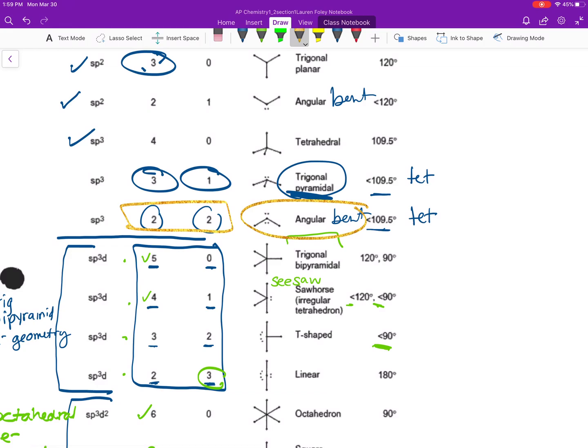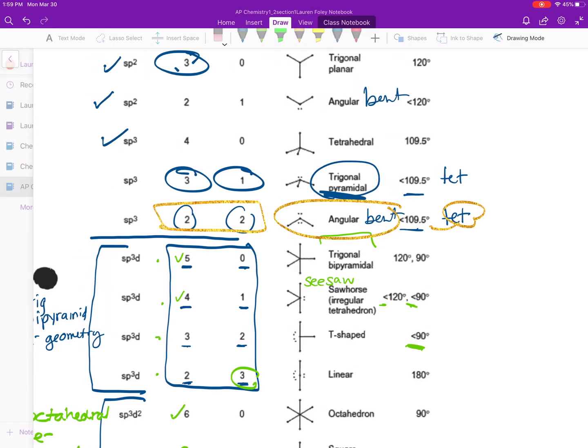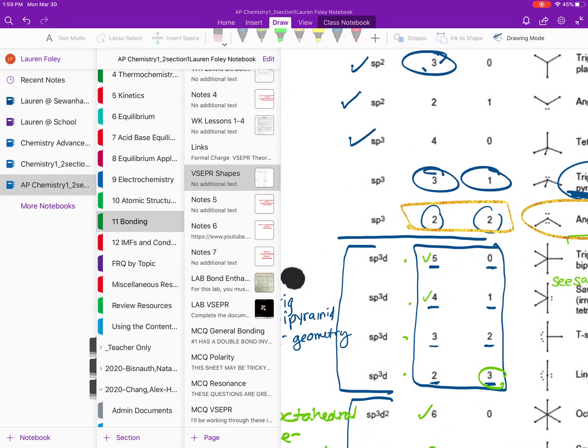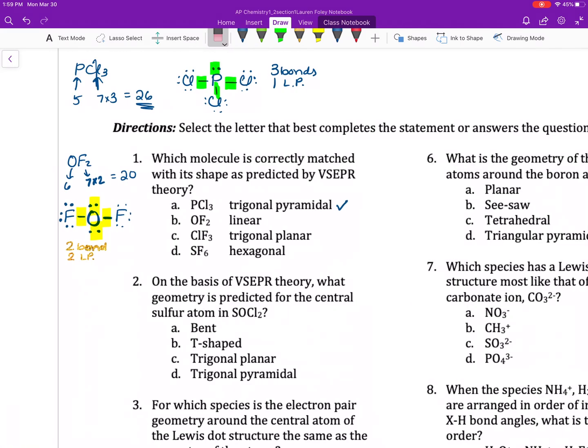And a bent molecule that has a total of 4 domains around it, we start out with that tetrahedral electron geometry, which has a 109.5 degree bond angle, but lone pairs will actually squish the atoms closer together, decreasing their bond angle. So that's a bent molecule with less than 109.5. So looking at this answer choice, this would be wrong, right? It looks linear, like, oh, I drew it in a straight line, but that's not what it really looks like.